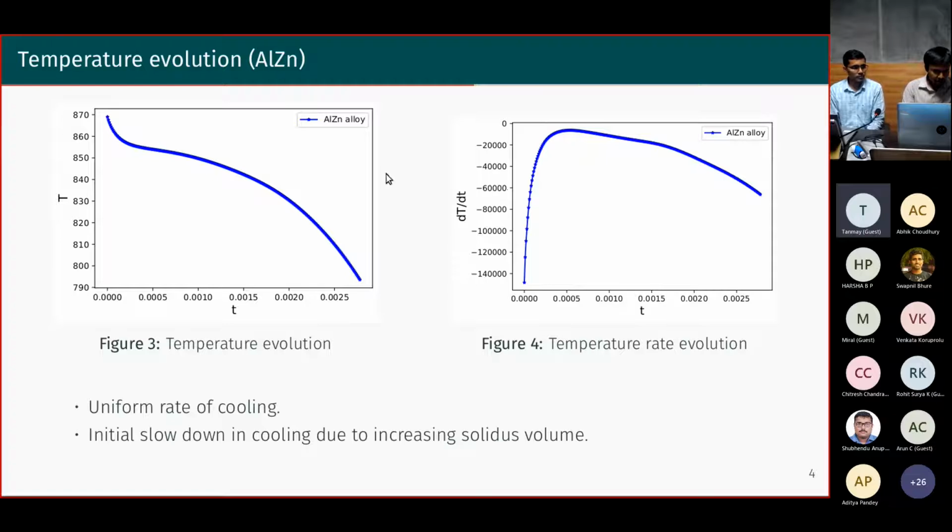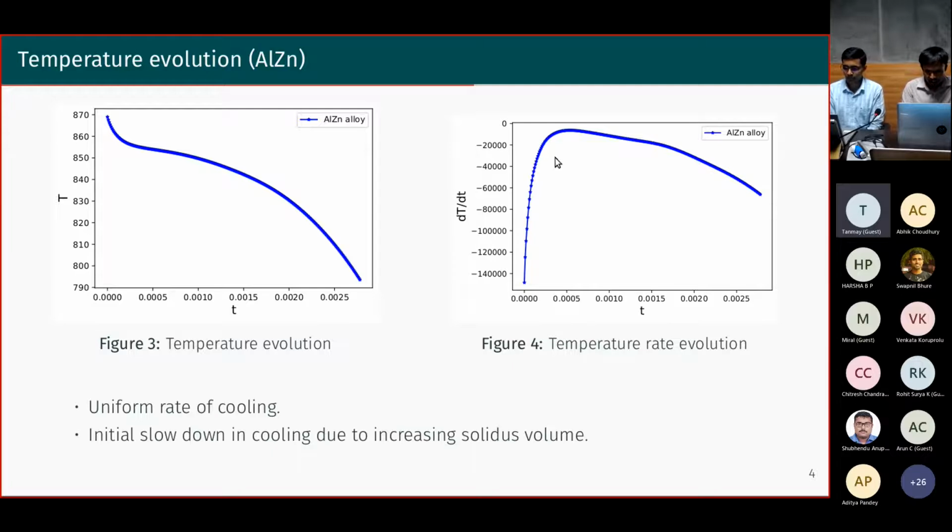Like Professor Avik showed before, since this is a temperature dependent simulation, we can also show the cooling, and the temperature evolves according to this curve at the left side, and after the final cool down, we can see the multigrain structure like we saw in the previous slide.